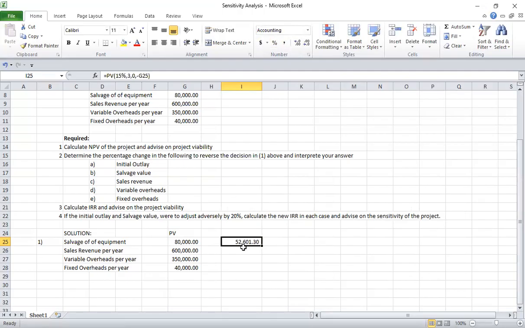And then for the sales revenue, that equaled PV, rate of 15%, NPER 3, and then negative this figure, and so we had that 1.3 million.